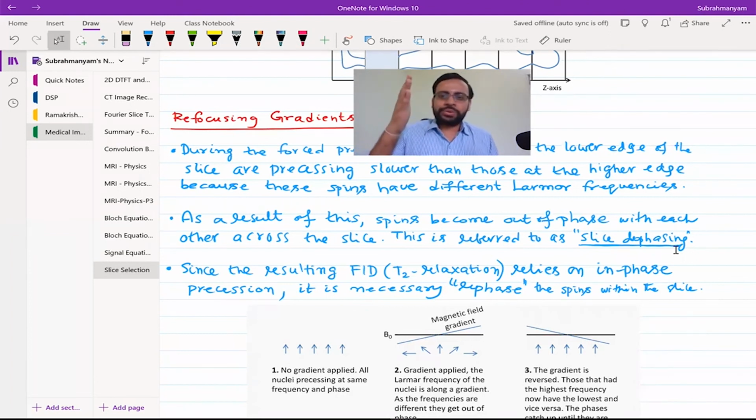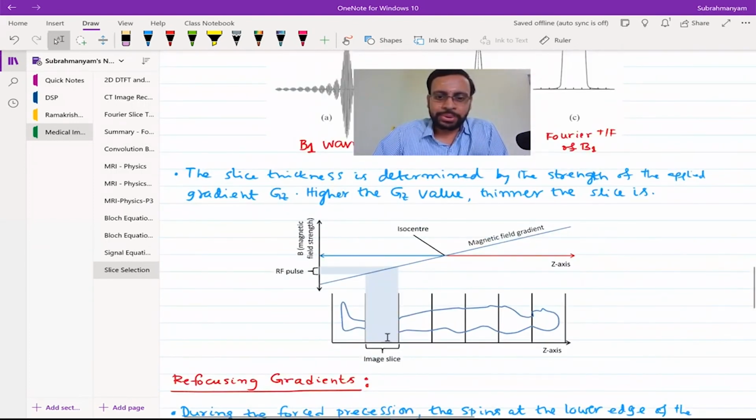See, it's now in the xy plane, right? Look at it this way. You have a thick slab here in the z direction. When you are acquiring it, it's not at one point. This is like a slab you have in the image, right? Yes. But here, the gradient is different at every point within this slab, correct?